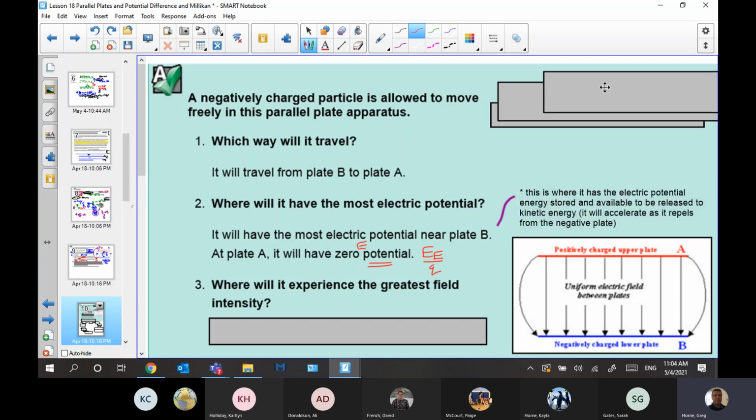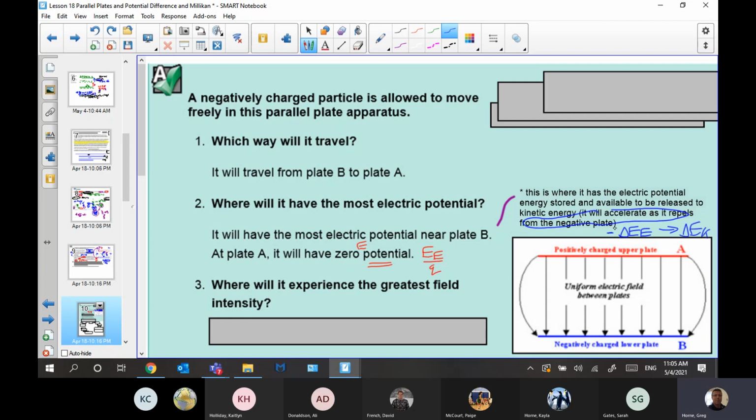This is where electric potential energy is stored and available, down at B, to be released. It will accelerate as it repels from the negative plate, and this acceleration and repulsion leads to basically a delta EE becoming a delta EK.